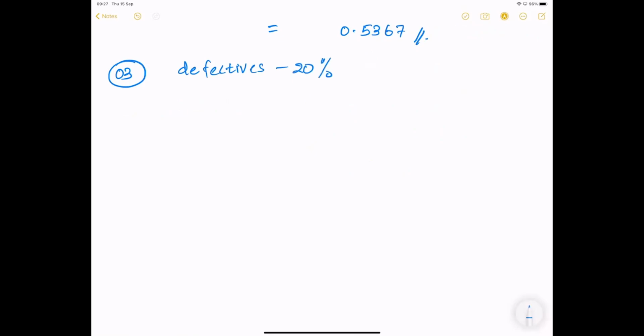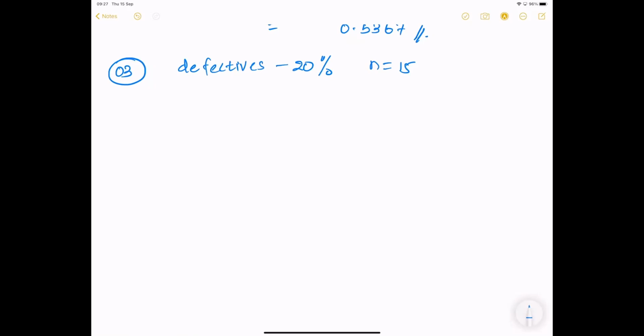Quality system managers are analyzing how to improve the process. If we take a sample of 15 items, give the probability that we will find the following, right?